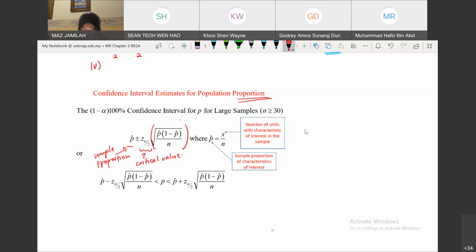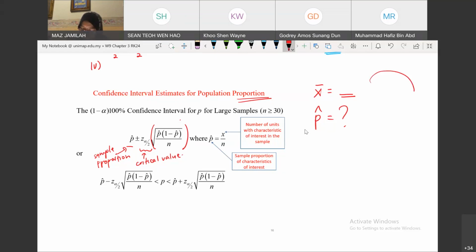Now, what is p hat? How do we find our p hat? If just now we were talking about the mean, we know that we add all the values of x and divide by the number of samples, then we get the mean. What about proportion? Sometimes when we are dealing with a large number of samples, there will be times when we are not interested in the mean.